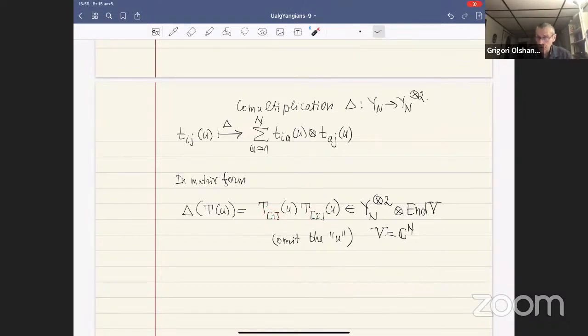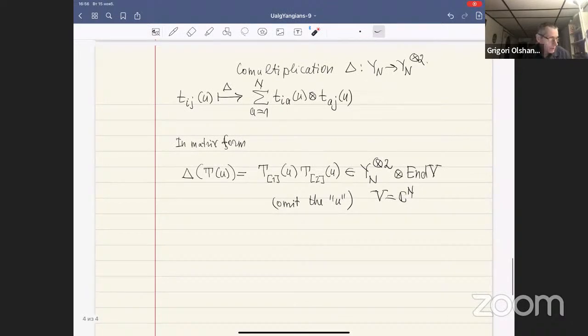This is a good notation because it enables us to manipulate the RTT relation. So as an example, let me prove a proposition which says the following.